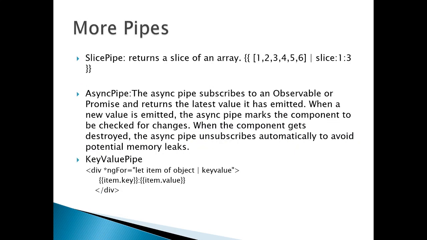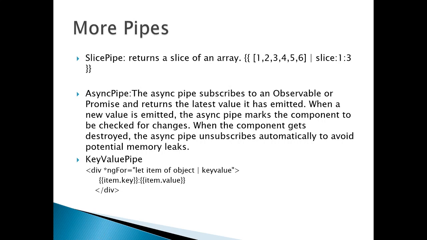There are some more pipes, just like the slice pipe. It will slice out an array. We will provide a starting index and the ending index. It will pick the elements 2, 3 and 4. It will leave 0. It will pick from index 1, 2 and 3, and it will slice these three elements and provide you an array as a return.